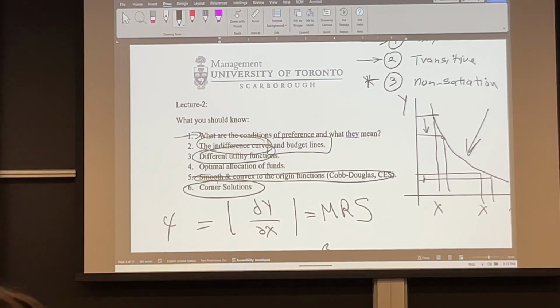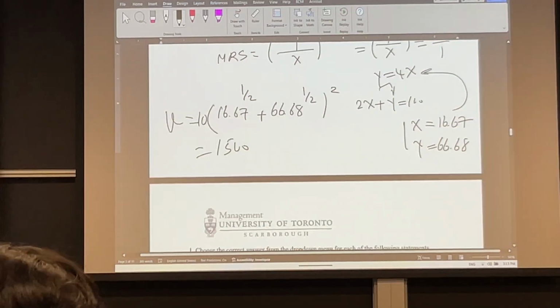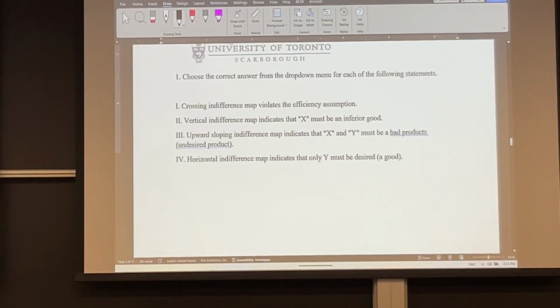Alright? We'll go through it when we reach it. Corner solution is defined as you're doing your best, and the first condition doesn't hold. Alright? Make sense? Okay. Let's go through some questions, then when we reach the corner solution, I'll explain that more.